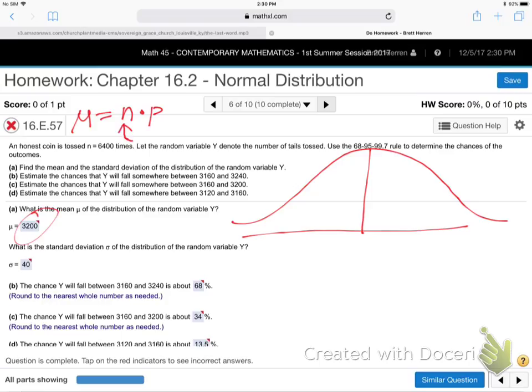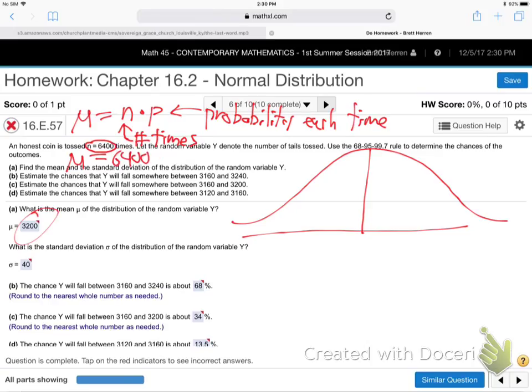N is the number of times that you do whatever you're doing, flipping the coin, rolling the die, whatever. P is the probability each time. So in other words, on this problem, if you're flipping a coin, they said we're going to flip it 6,400 times. There it is. N is 6,400.